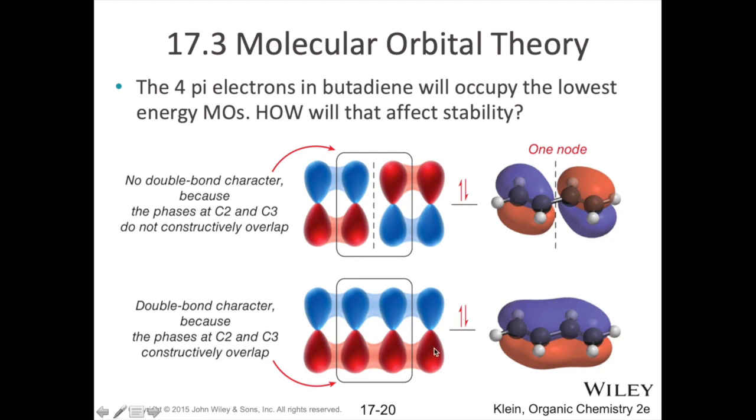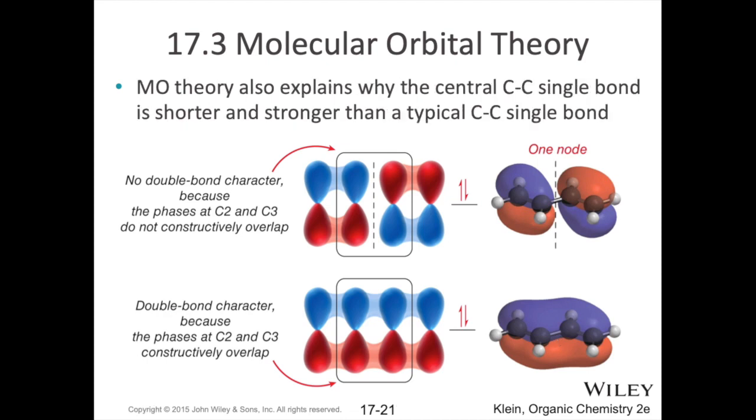One of those occupied molecular orbitals has that overlap between p orbitals, which we see as a double bond. So that's why we typically see that middle quote unquote single bond seems a little bit shorter and stronger than your typical single bond. It seems a little double bond-ish.